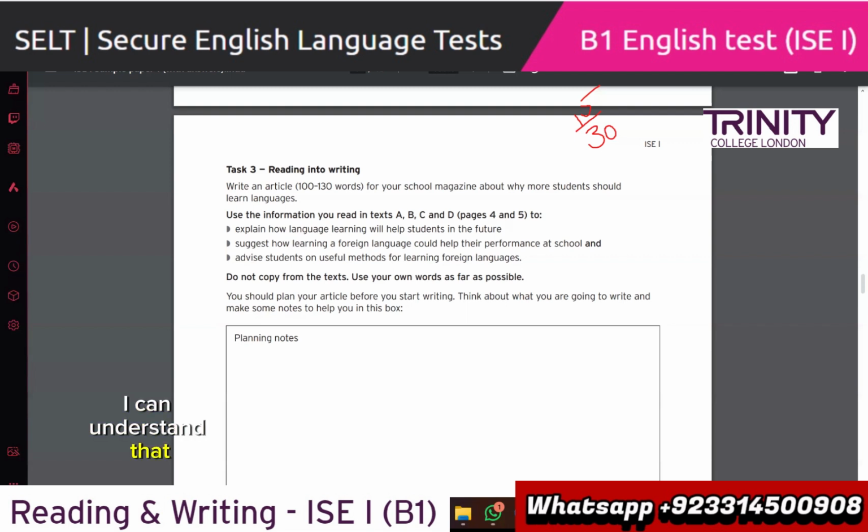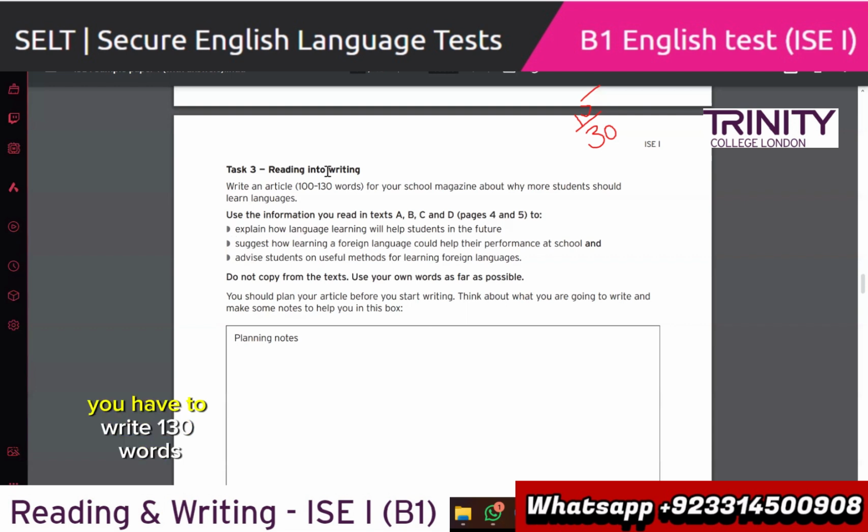I can understand that in a magazine about languages, write an essay of about 100 to 130 words, in your own words, not copied. Write about foreign languages. That's it.